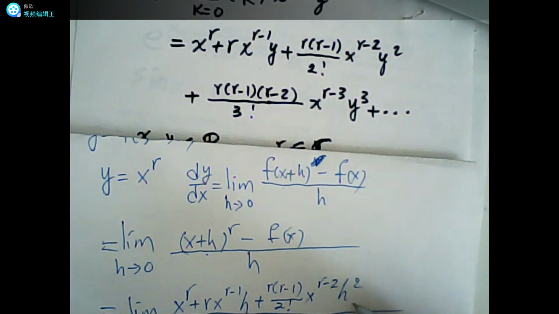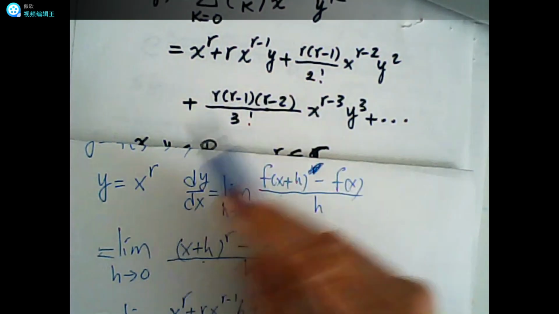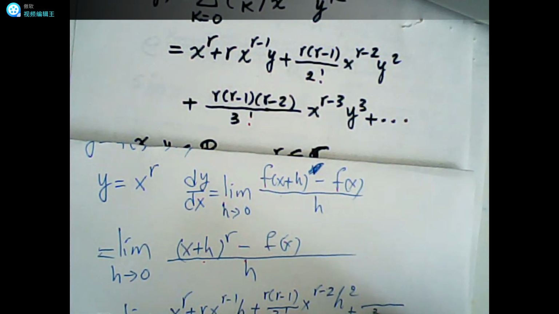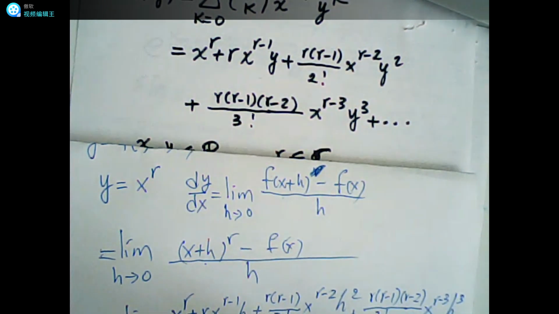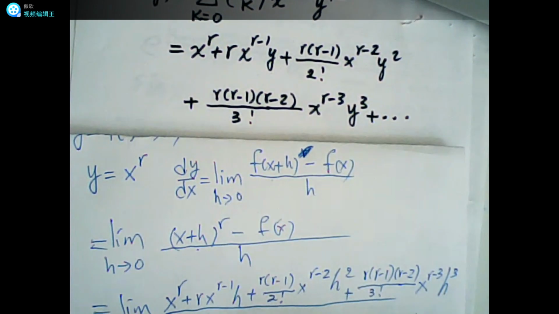And the next term is r(r minus 1)(r minus 2) over 3 factorial times x to the power r minus 3 times h cubed. And more to come, right? There's more. And over h.